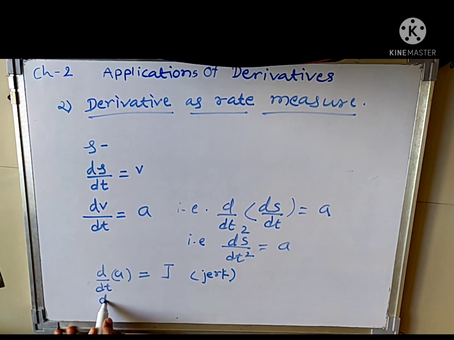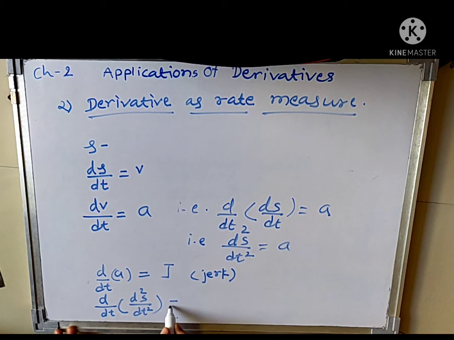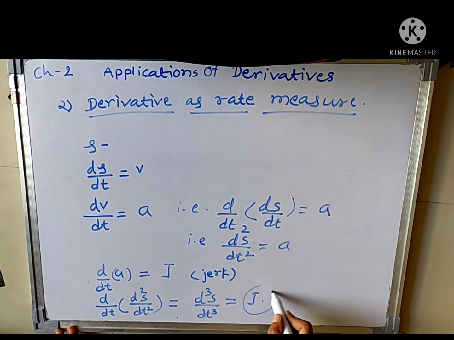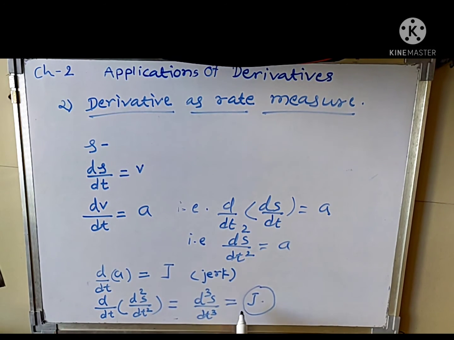Means you have to write d by dt of acceleration, that is d by dt of d2s by dt square, which is equal to d3s by dt3 is equal to jerk, that is j. It is included in the syllabus now.